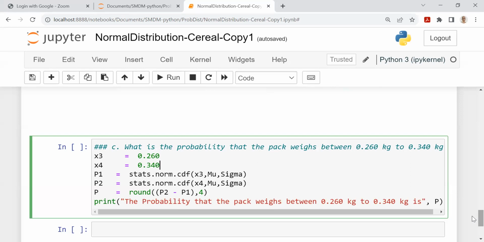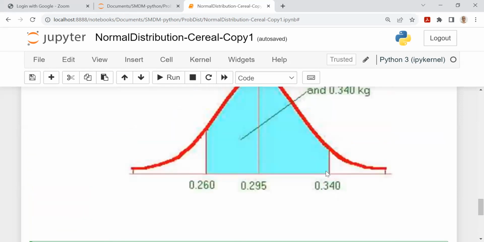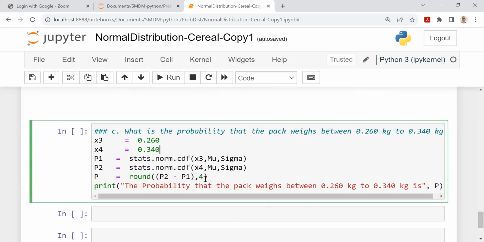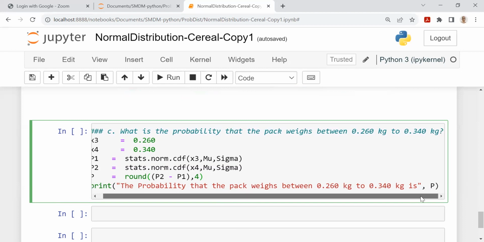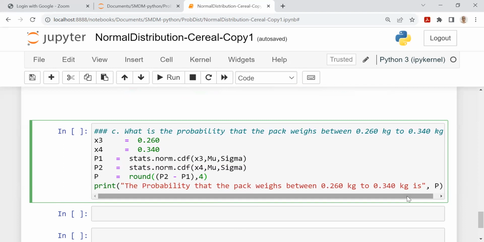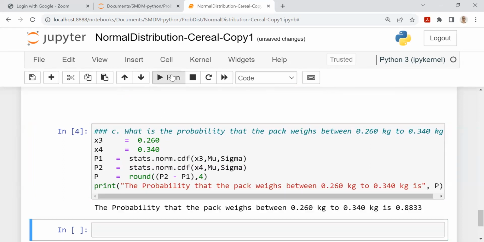You can see the diagram again: area up to 0.34 minus area up to 0.26. That's what I have said here. Round it to 4 decimal places. Then print the probability that the pack weighs between 0.26 to 0.34 kg is, within quotes, comma P, which is the computed probability. Run this, you get a solution.